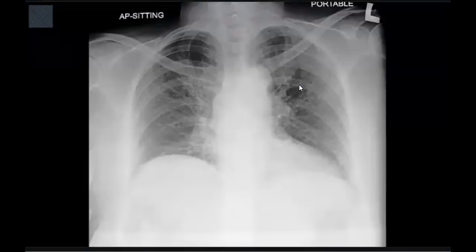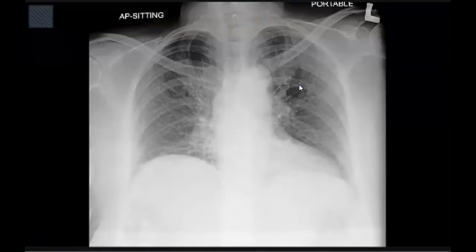Okay, 60 years old female patient with chest pain. Okay, I'm presented with chest X-ray frontal projection of a skeletally mature 60 years age patient.